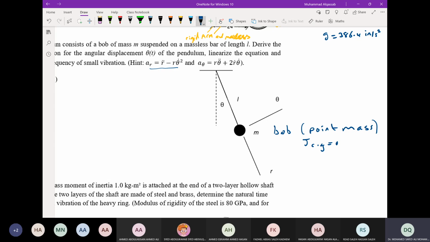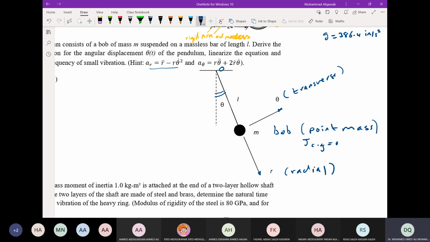This is the radial direction, R is the radial. And this is called the transverse, which is perpendicular to the radial. The direction of the radial is outward from the point of rotation, and you can take this direction positive. Theta is the angle the pendulum makes with the vertical center line, which is the equilibrium position.